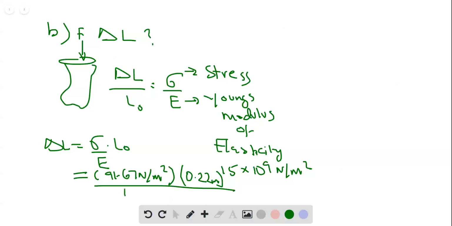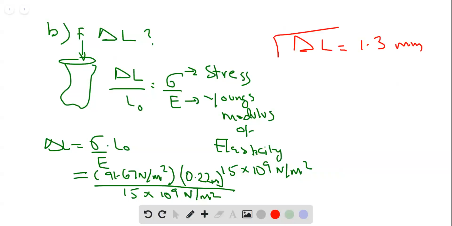Then Young's modulus is 15 times 10 to the 9 newtons per meter squared. And that gives us the change in length as being equivalent to 1.33 millimeters, or rather 1.3 millimeters. We can round it off if we change it to millimeters.